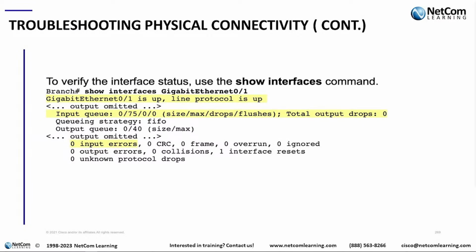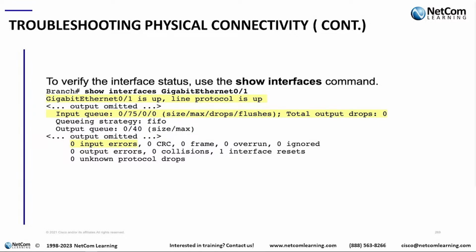And then here's some of the output from the show interface command. And there's several things we can check with the output. Let me describe them. So here we're seeing that gig 0/1 is up and the line protocol is up. This means that the interface is physically up and the protocol is operational. Then we look at the input queue.